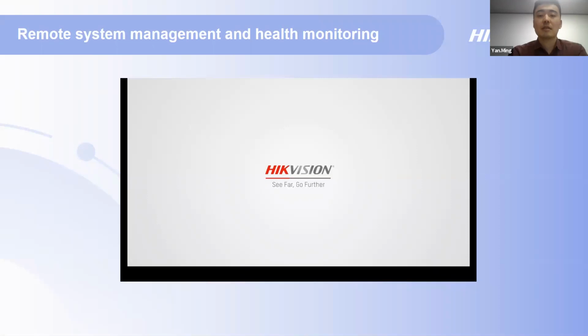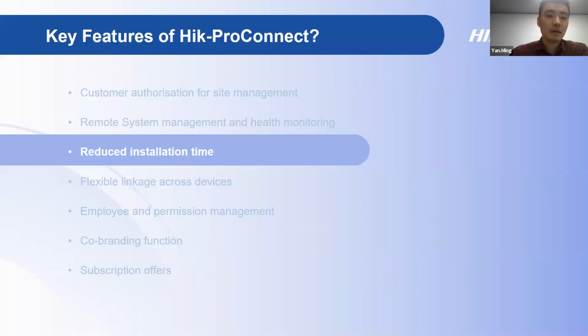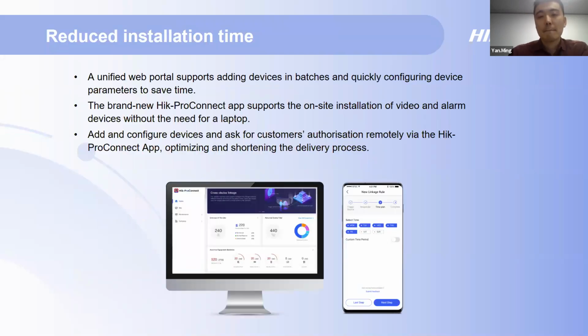So as you can see from the diagnosis to configuration, Hik-ProConnect can help installers to avoid unnecessary site visits, which can save valuable time and money. All right, speaking of saving time, the installation time can be reduced as well. Hik-ProConnect can also save your valuable time in the installation process because it supports adding device via QR code.